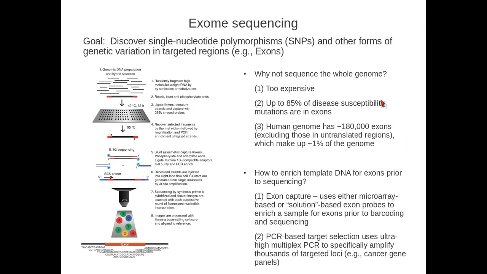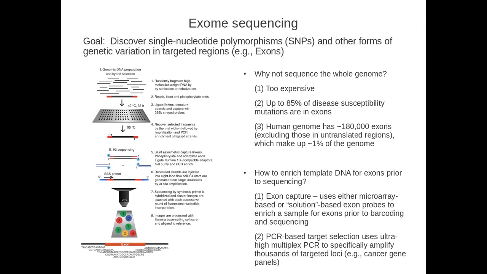So the important observation here is that up to 85% of disease susceptibility mutations are in exons. And so if there was a way to sequence exons and only exons, we'd be able to pick up roughly 85% of these mutations without sequencing the rest of the genome.